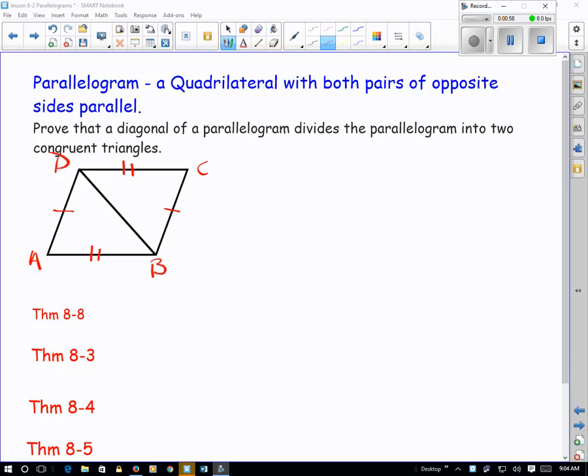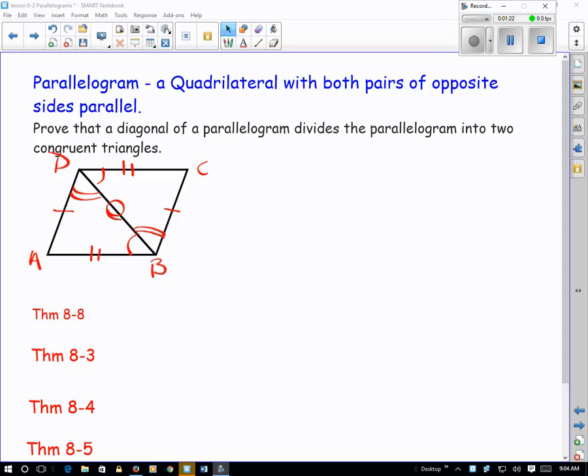Therefore, by alternate interior angles, we know that these two angles are congruent, and also by alternate interior angles, these two angles are congruent. Put in there with the reflexive property that DB is congruent to itself, and we have the two triangles that are congruent by the angle side angle theorem.